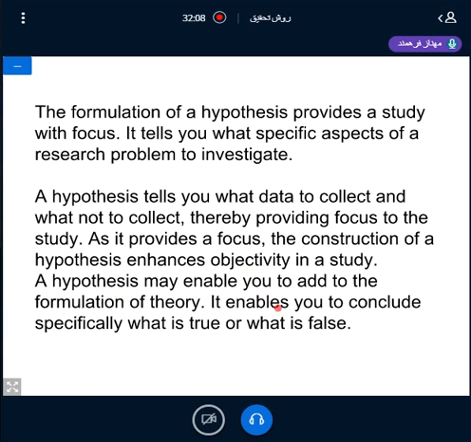A hypothesis may enable you to add to the formulation of a theory if it enables you to conclude specifically what is true or what is false. So it can clear the title too.